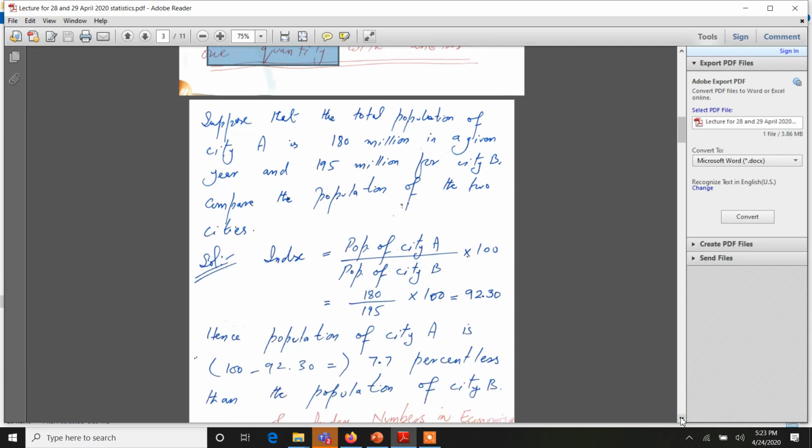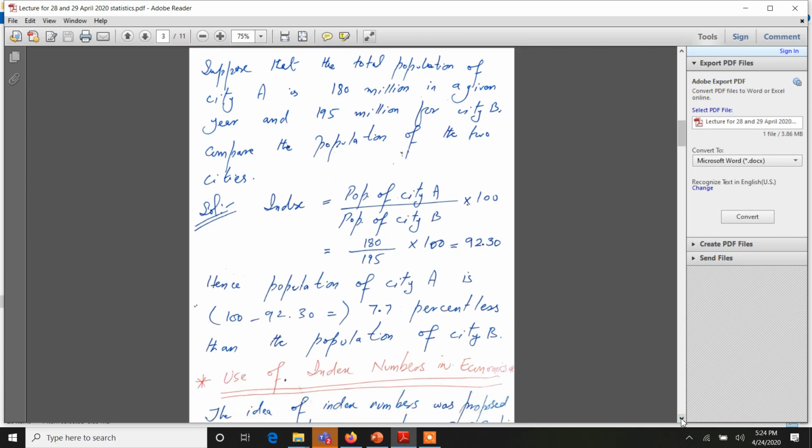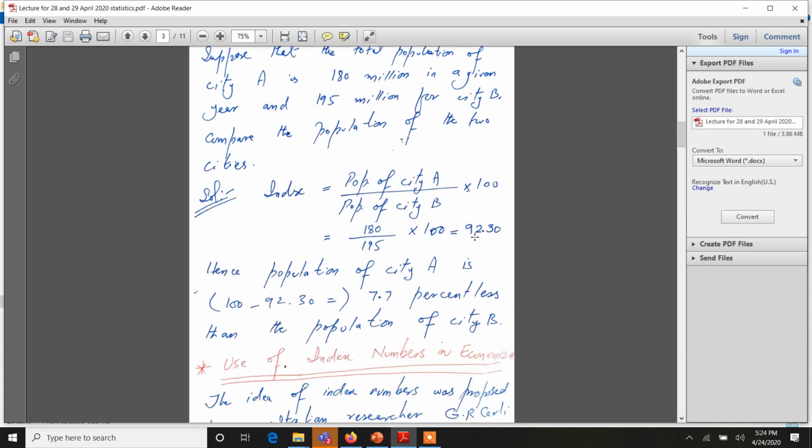Suppose that the total population of city A is 180 million in a given year and 195 million for city B. If we have to compare the population of the two cities, and I divide the population of city A by city B, I get the answer 92.30.